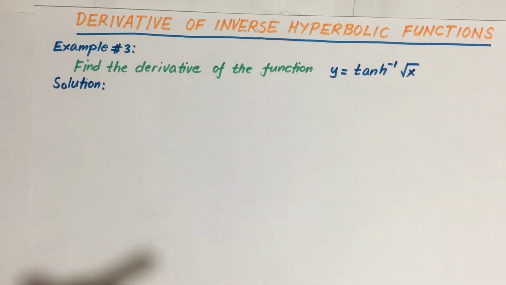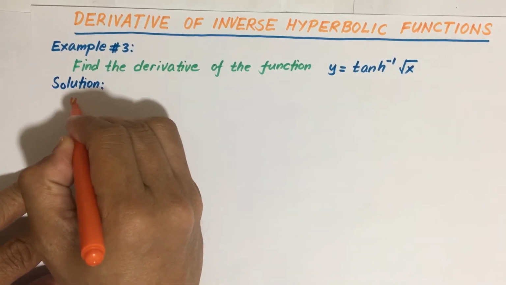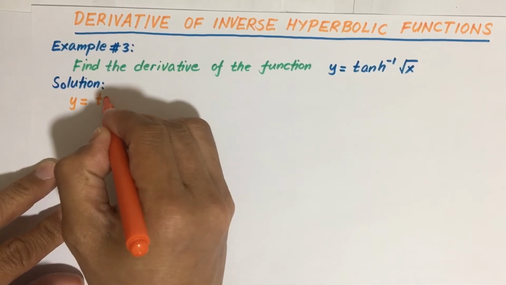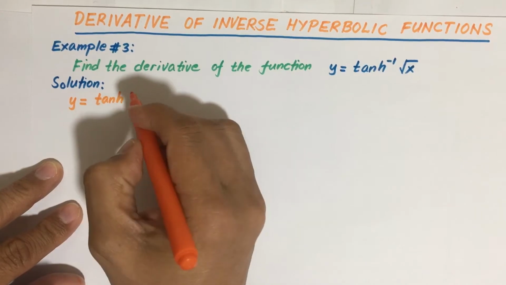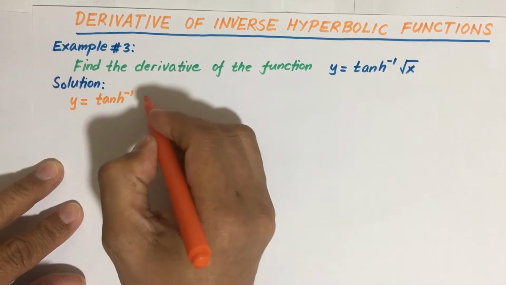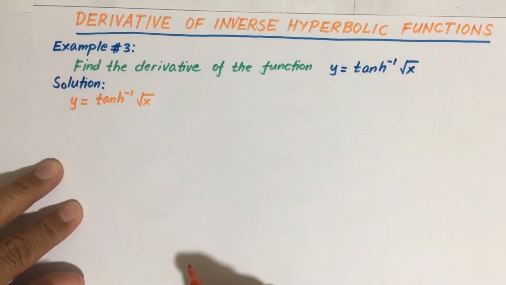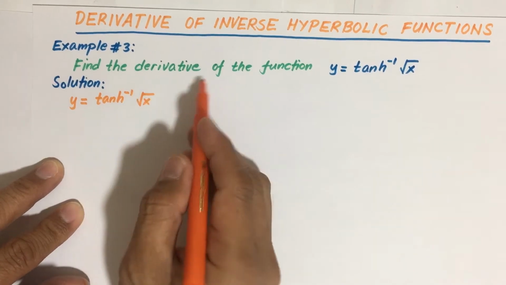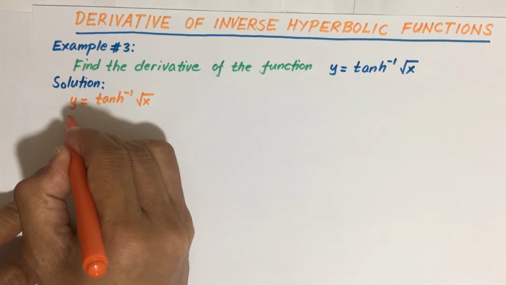Okay, so for the solution, first let us just rewrite the given. y equal to arc hyperbolic tangent of the square root of x. Okay, so find the derivative. So we have to take the derivative on both sides.